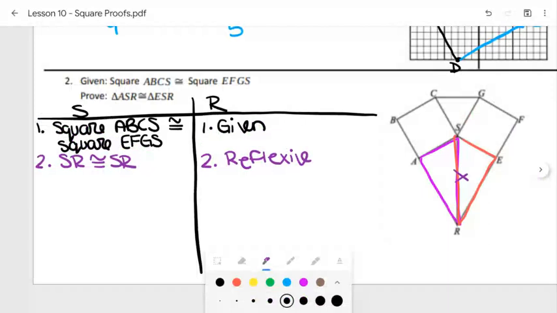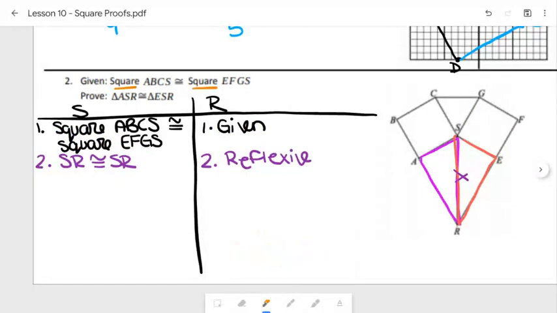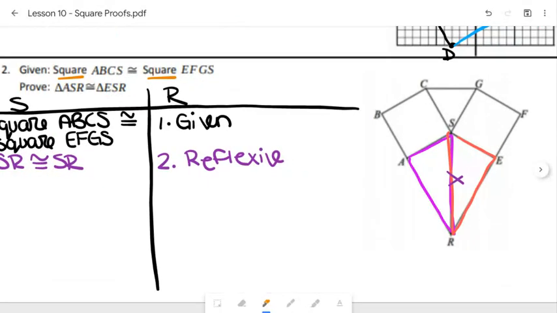Now, don't overthink this one because we know it's a square, so that means we have a lot of properties to work with. So we already know that a square has 4 congruent sides. So I know, like, for ABCS, all 4 of these sides are congruent, but it's saying it's congruent to the other square as well. So I know all 4 of these sides are also congruent. So I already know all those sides are congruent without even having to do much more here.